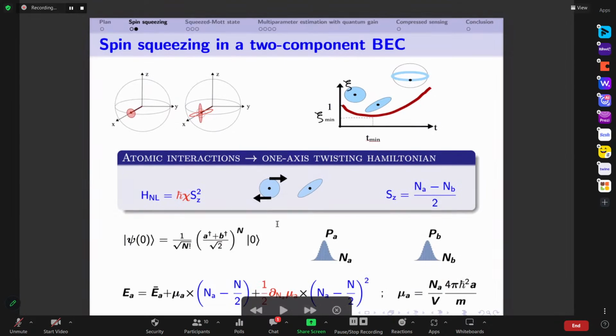If initially we prepare our condensate in a superposition of two internal states, the internal states A and B, all the atoms are in a state A plus B over square root of 2.